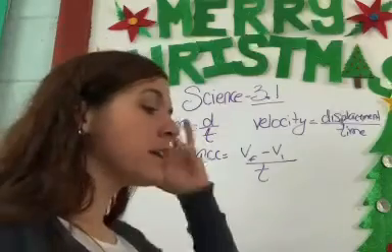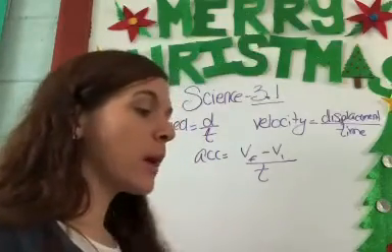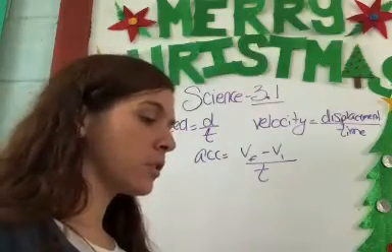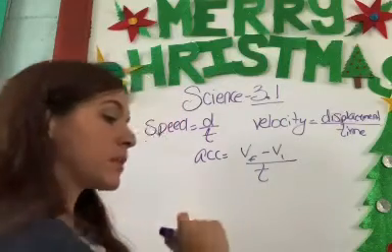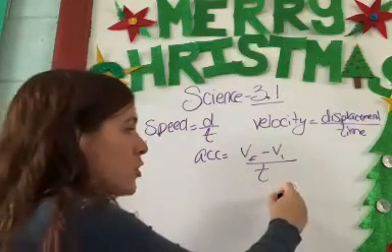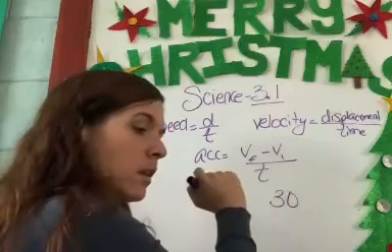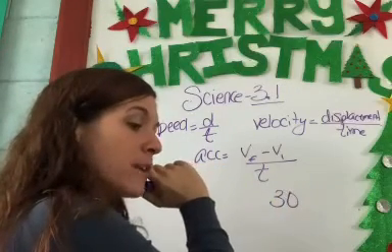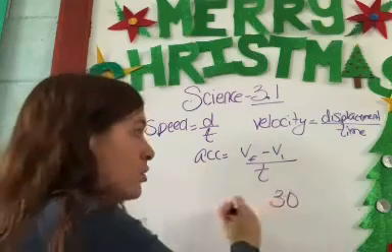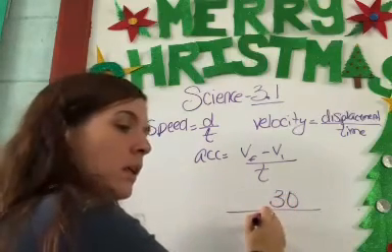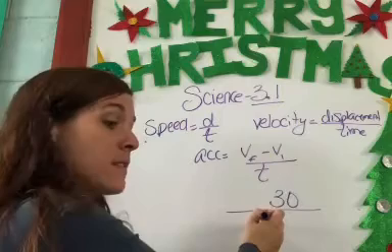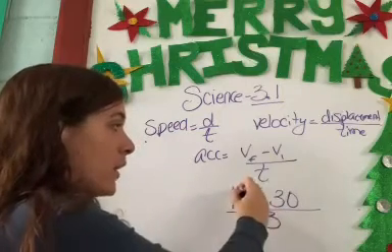it says a car is traveling at 30 meters per second, that's your initial velocity. The driver brakes for 3 seconds without turning, that's your time. At the end of this time, the car has a speed of 18, that's your final velocity.